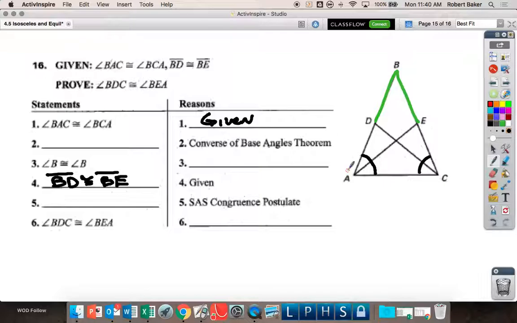We're trying to say that this side is congruent to this side because of the converse of the base angles theorem. That is, side BA is congruent to side BC. And then angle B is congruent to angle B. The reflexive property.